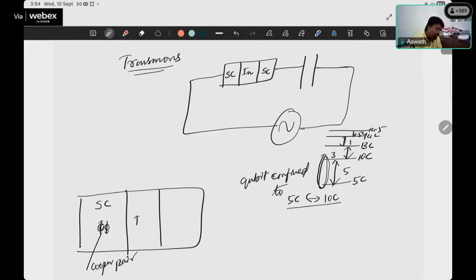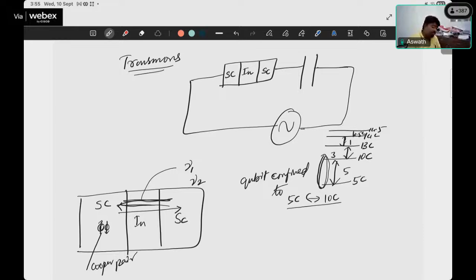These Cooper pairs, this is insulator, this is superconductor. So these travel into the other side, and when they are not going to keep quiet, they come back and make an oscillation between left to right with some frequencies. Let's say frequency 1, frequency 2, and so on. They oscillate with multiple frequencies.